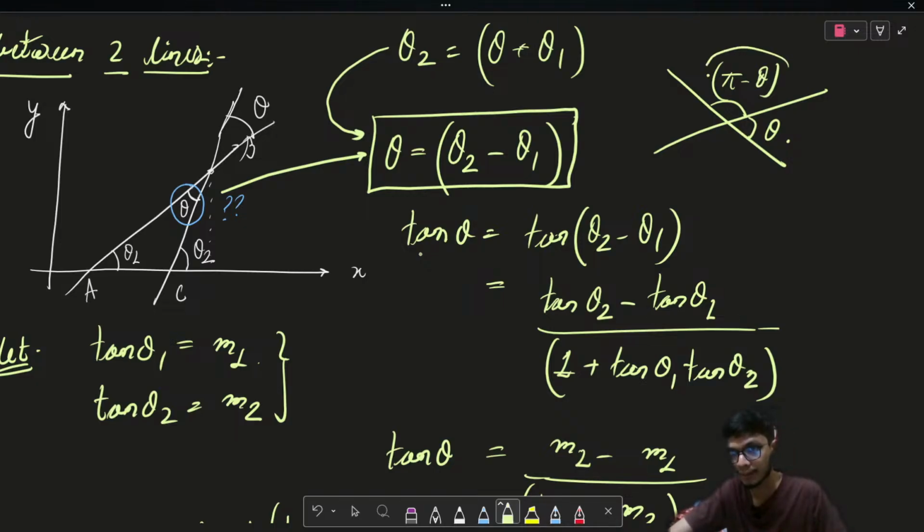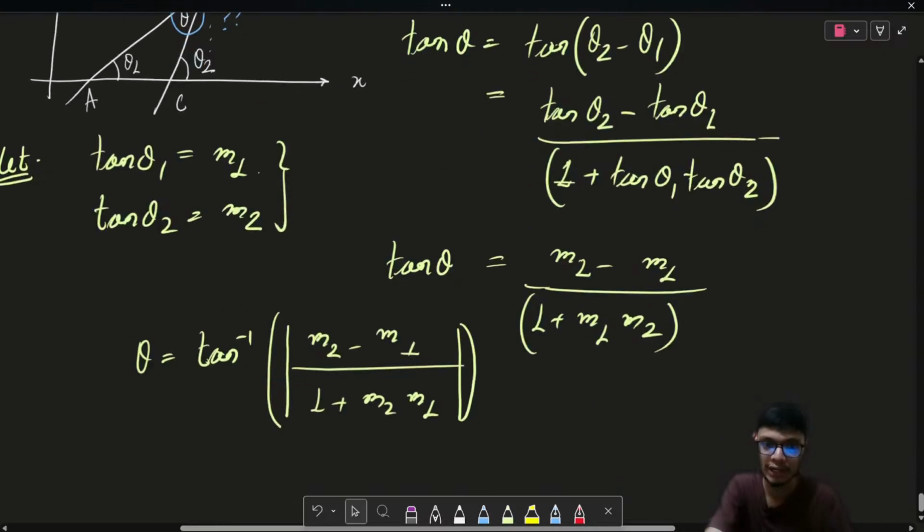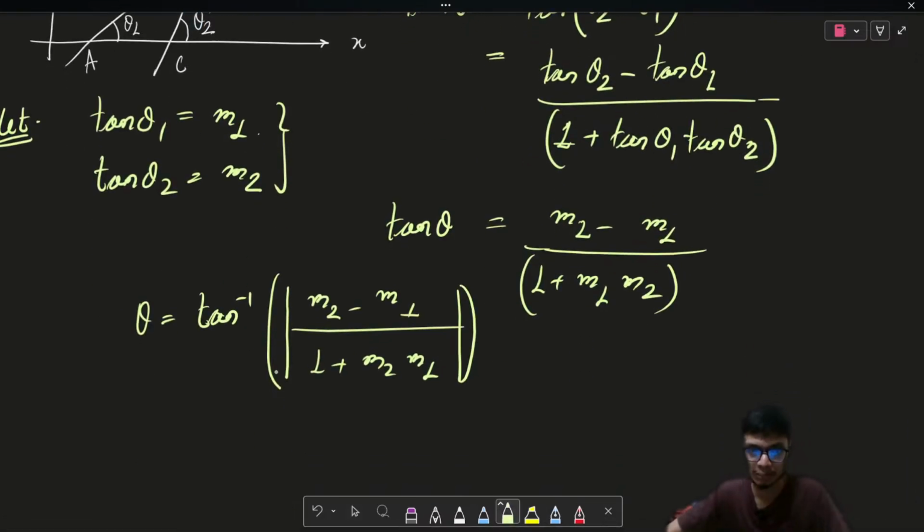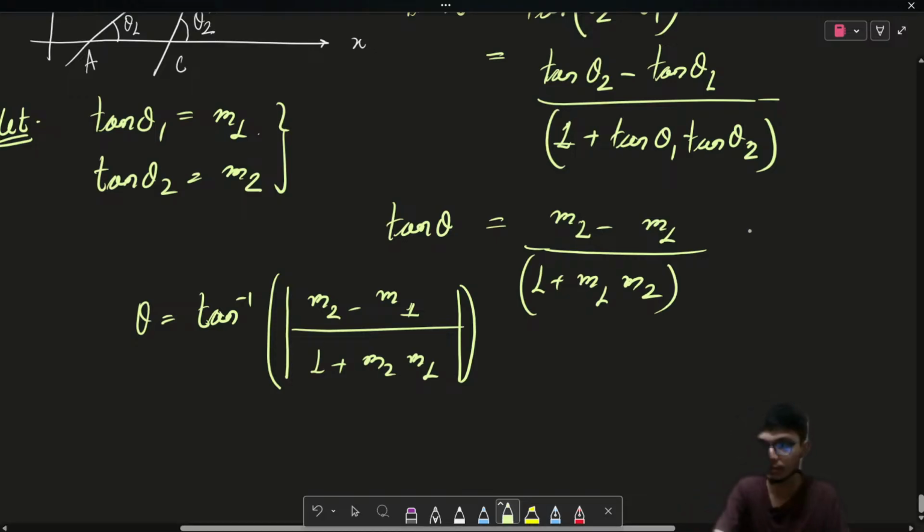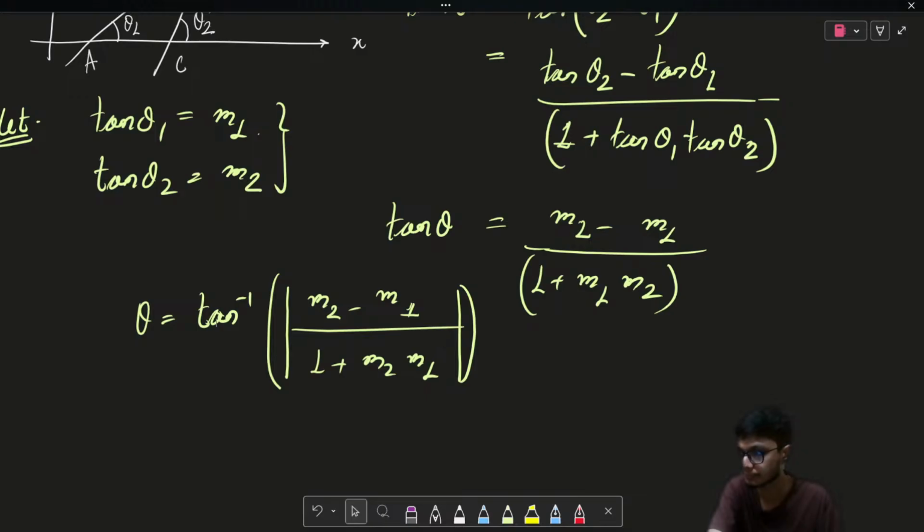Tan of pi minus theta comes out as minus tan theta. So in order to be on the safer side, please put a mod over here so that you always calculate the acute angle, right? I hope this part is clear to all of you.